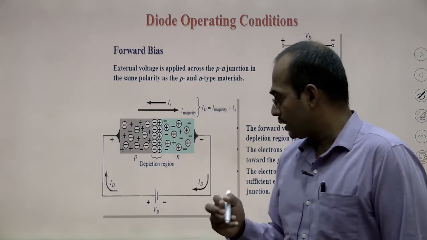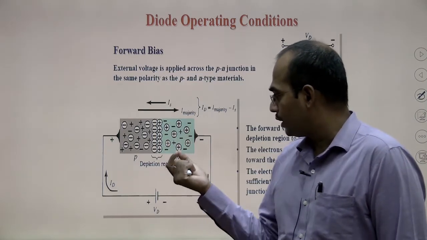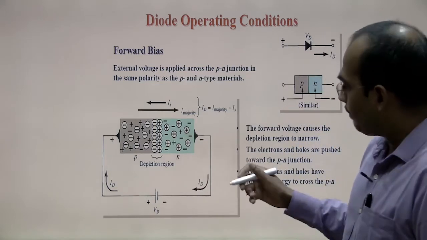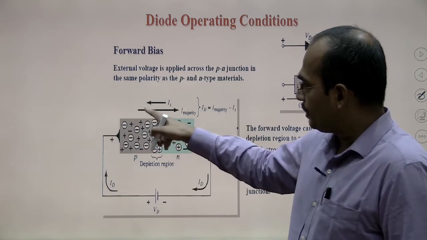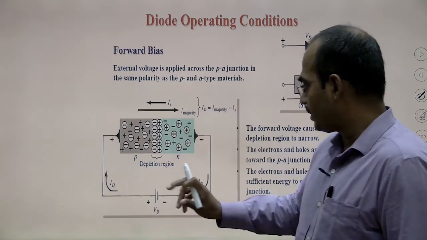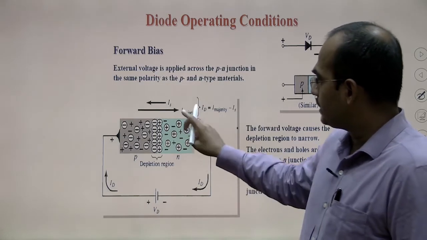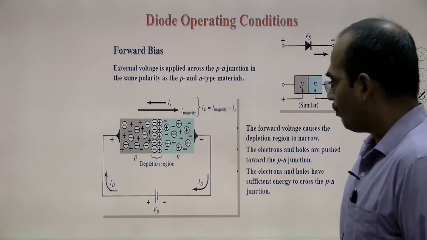In the forward biasing condition, how does the width of the depletion layer reduce? When we connect the p side of the p-n junction diode to the positive terminal of the battery and the n side to the negative terminal of the battery, what will happen?